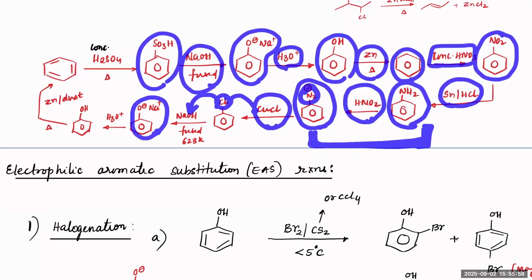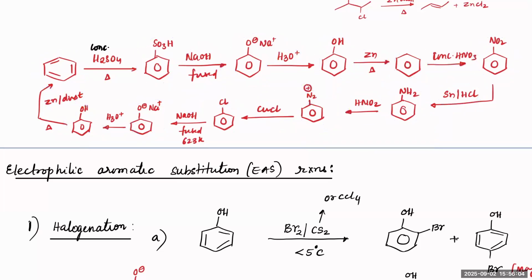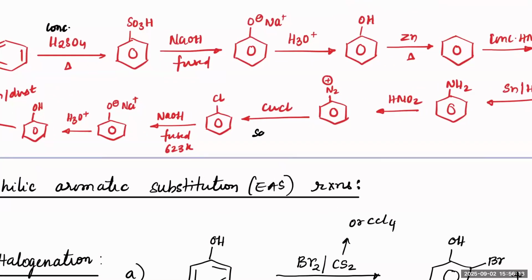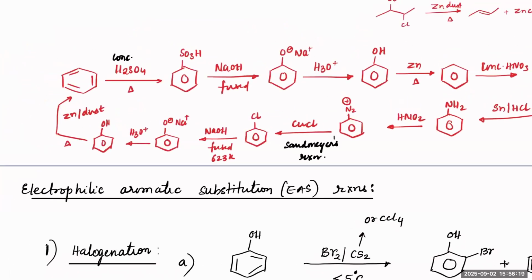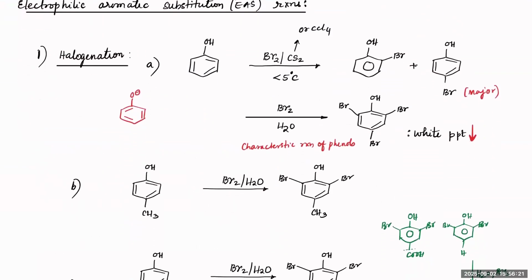You'll get phenoxide ion, that on hydrolysis will give you phenol. Phenol with zinc will always give you benzene. Done. A very important sequence of how they make these reactions. This particular reaction is called Sandmeyer's reaction.